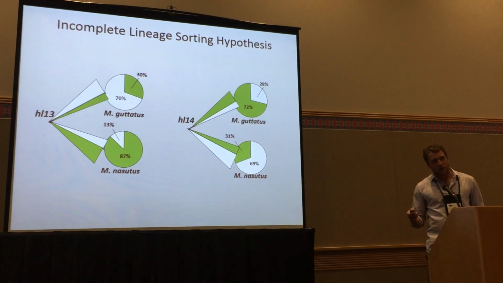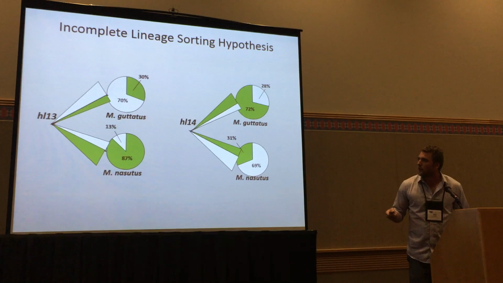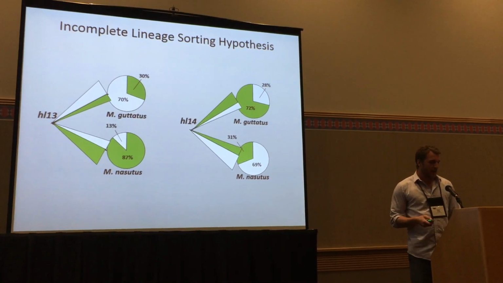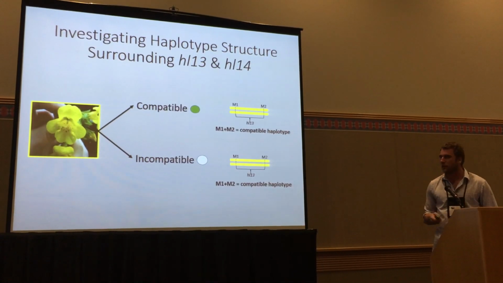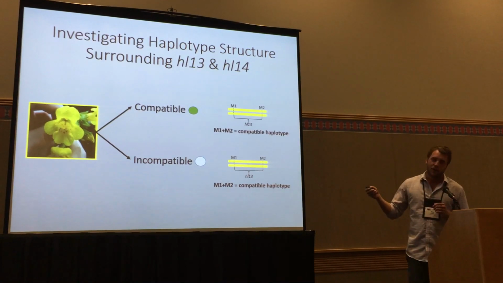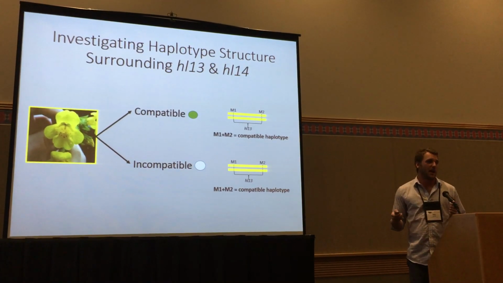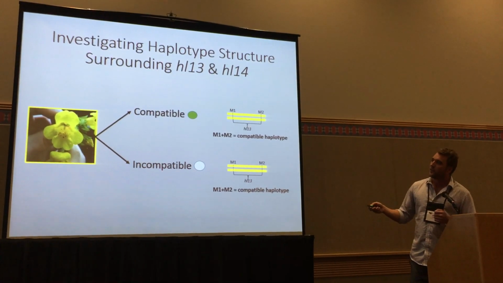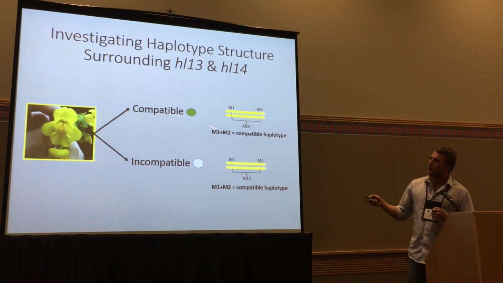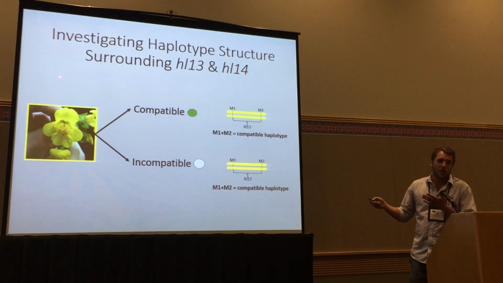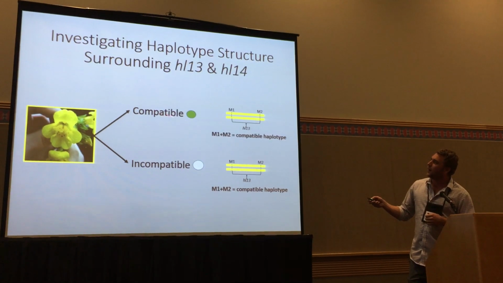You can start to answer which one of these it is by looking at haplotype variation, or genetic variation, in the region surrounding the incompatibility loci. Like I said, some guttatus individuals have a compatible hybrid lethal 14 allele.